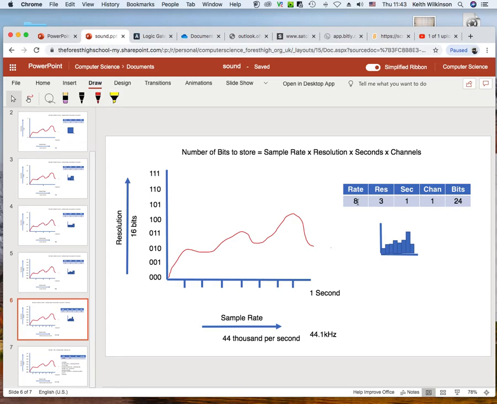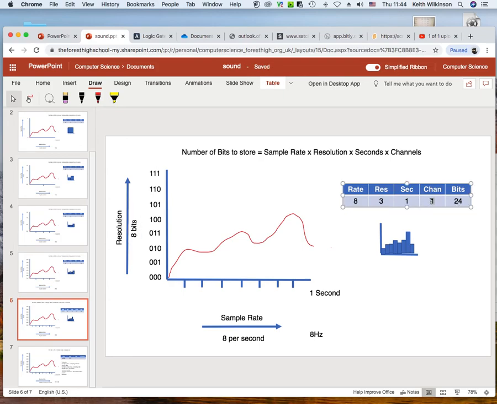So let's just change this, 8 per second. So if I've got 8 per second, that's 8 hertz over 1 second using 8 bits, or 1 byte, that would give me this value with 1 channel.